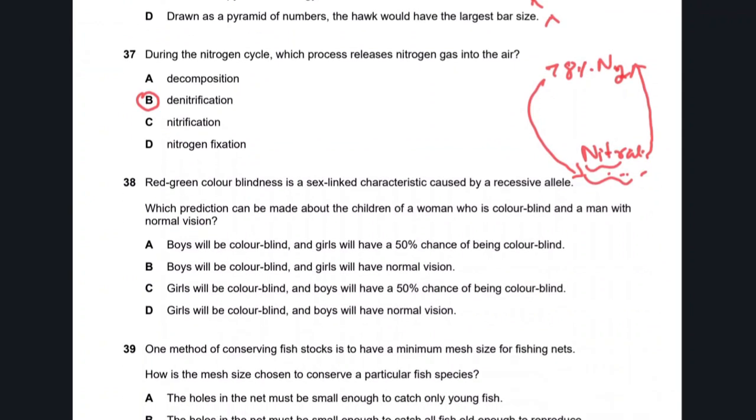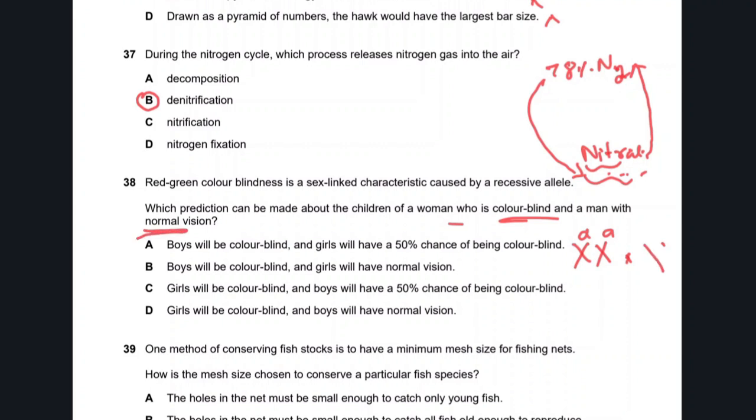Red-green color blindness is a sex-linked characteristic, and they have shown the prediction for the children of a woman who is colorblind. The female is colorblind, so she has this type of trait, and you are crossing her with a man with normal vision.